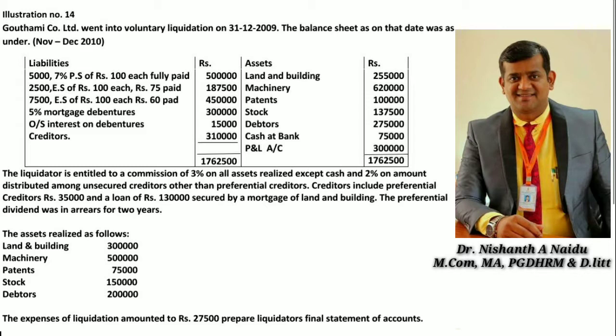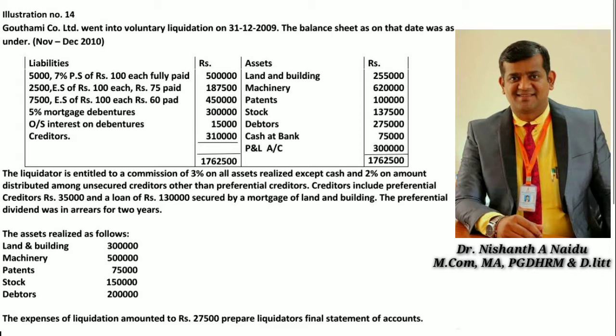And 2% on amount distributed among unsecured creditors. So we have to find out the unsecured creditors value. The problem says other than preferential creditors, so we should not calculate on preferential creditors.